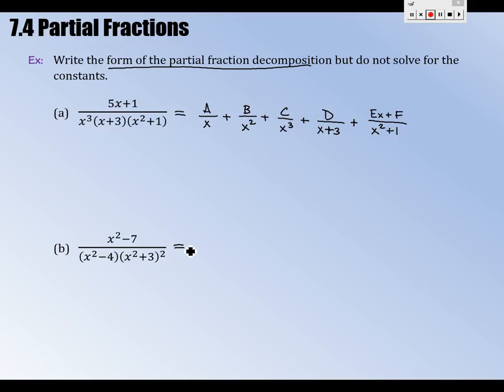Are you supposed to separate it, and say instead of the alphabet, A over x plus 2, B over x minus 2, plus cx plus d over x squared plus 3. That's the linear.